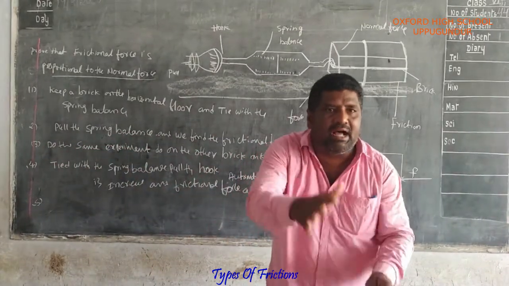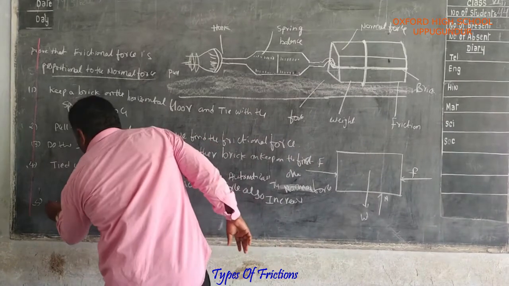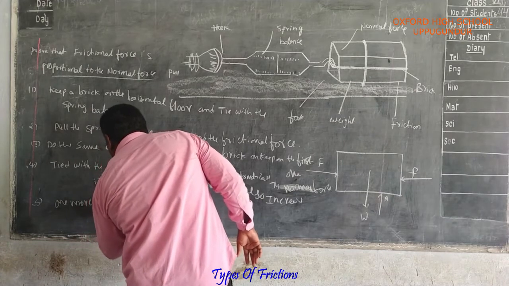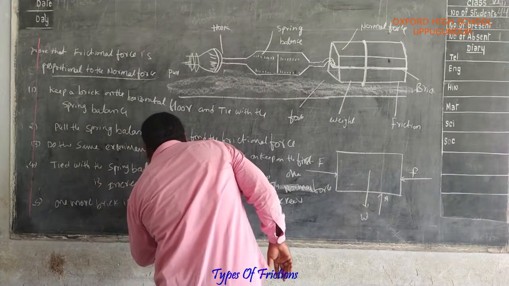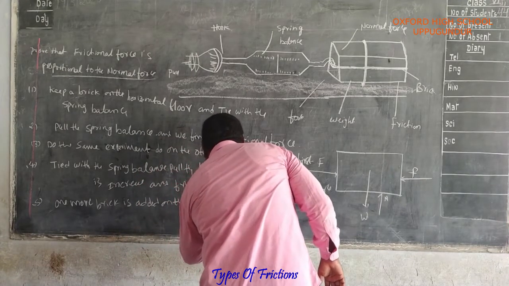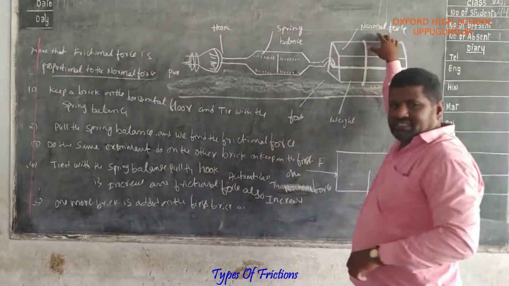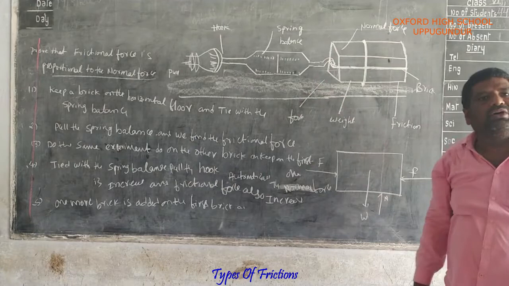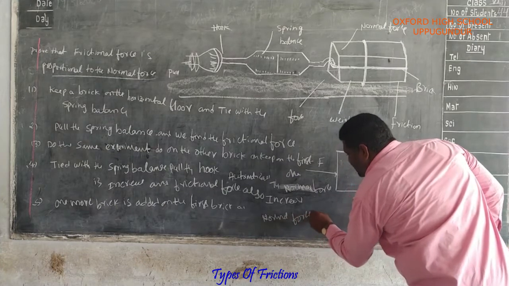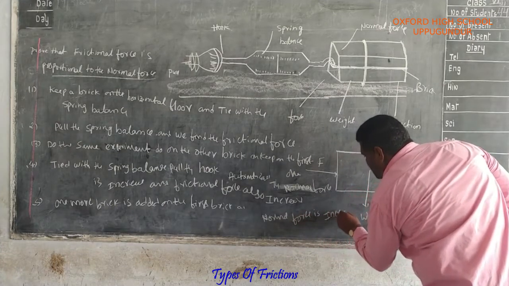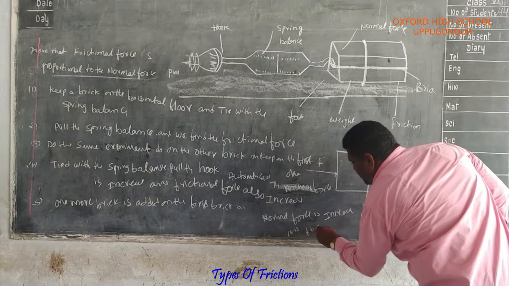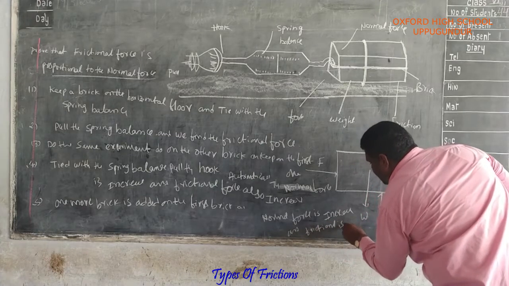Now fifth point: one more brick is added on the first brick. Again the normal force increases and the frictional force also increases.